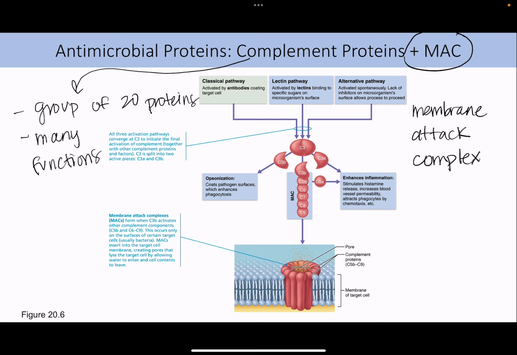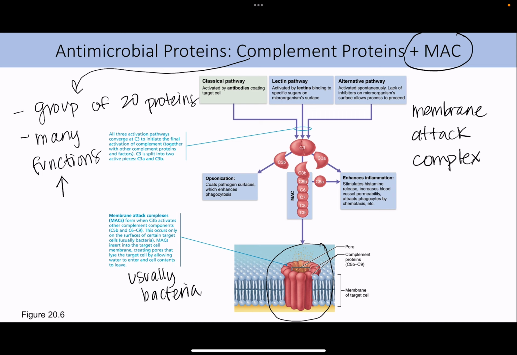So how this works is that this group of complement proteins actually comes together and creates a pore in their target cell. So you can see that here. This is usually bacteria that they do this with. But again, they have many other functions and can assist the immune system in many different ways.